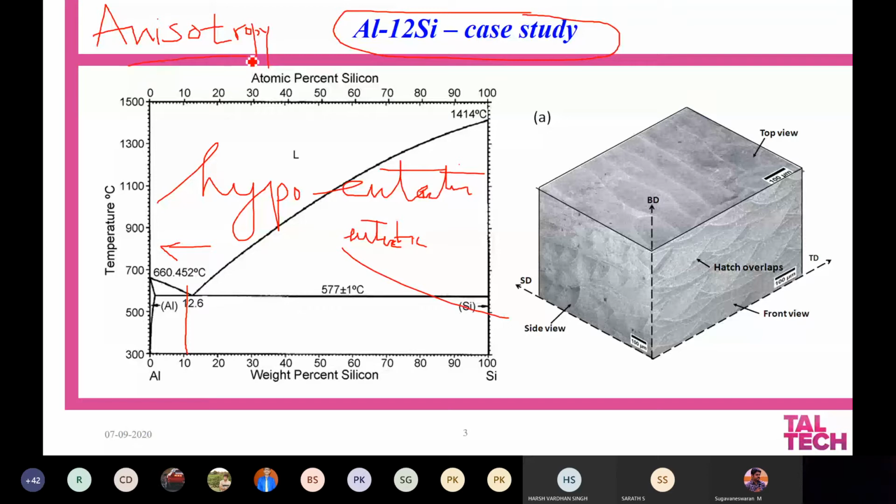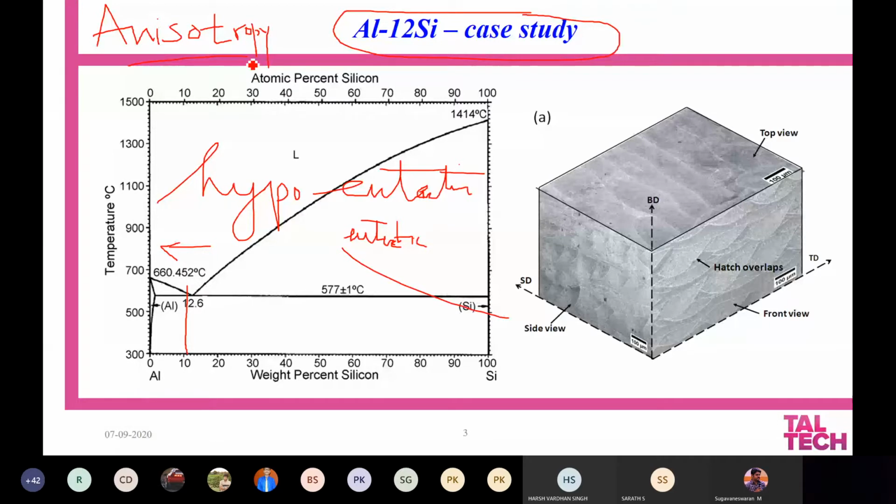For instance, if a material is isotropic, it means wherever you look within the material, it should show similar composition, similar microstructure, and similar properties, be it mechanical, thermal, optical, and so on.